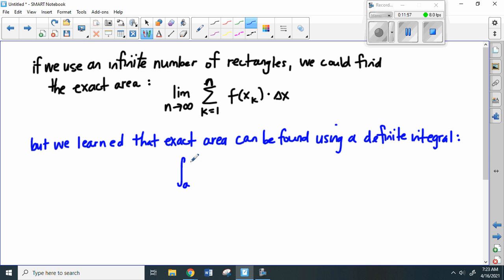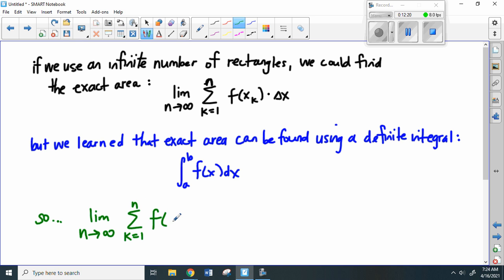And so remember what I mean when I say definite integral: the integral from a to b of f of x dx. If both of those things will give me exact area, then we can say that the limit as n approaches infinity of this sum is equal to the integral.